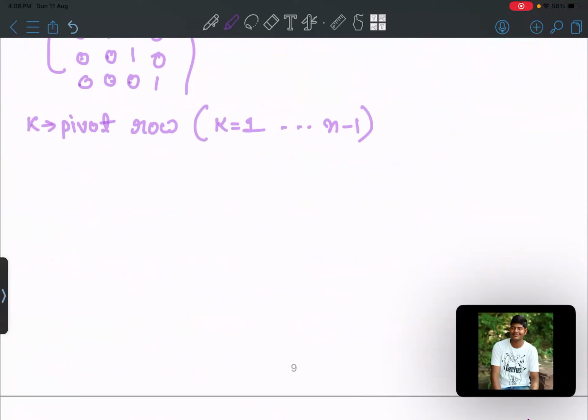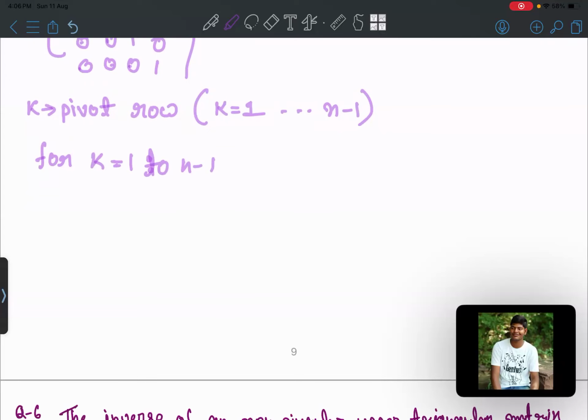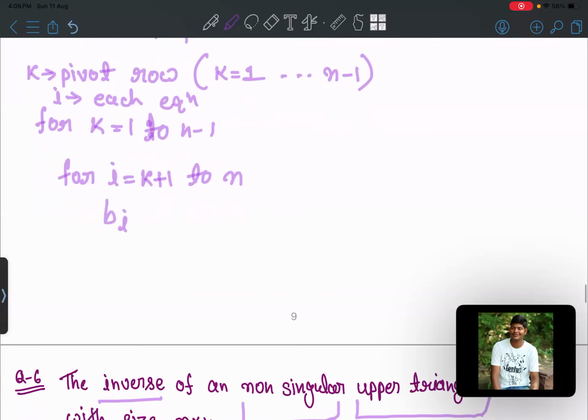So for k equal to 1 to n minus 1, then for each equation, for i equal to k plus 1 to n, what will we do? We will replace bi with bi minus the factor. What is the factor?